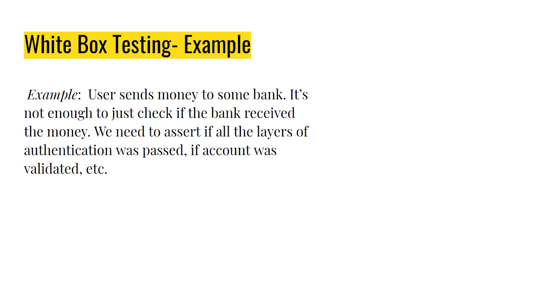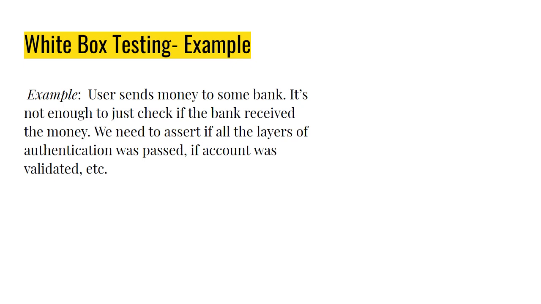So, for example, a real case scenario is if you send money to a bank, it's not enough to just check if the bank received your money. It's also important to see if all layers of security were passed, if your account was valid, if the bank also validated the account, if third-party stuff validated it.